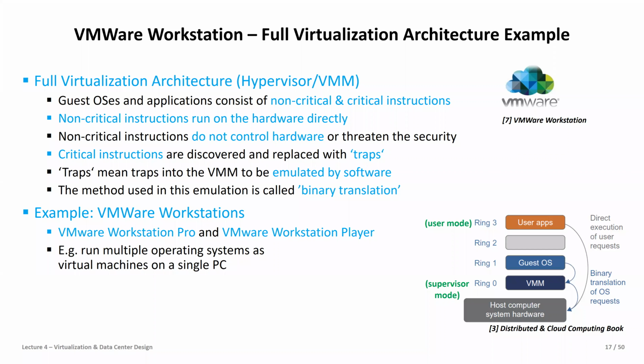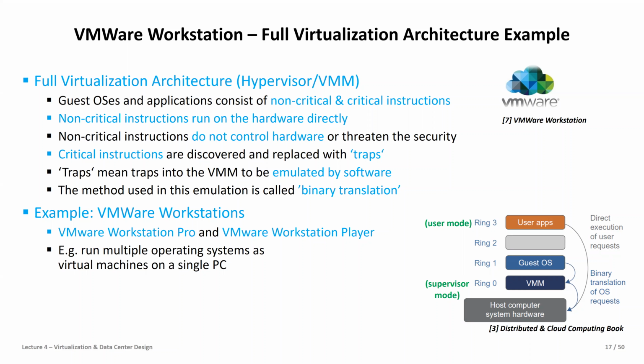Every time the guest operating system really wants to access the hardware, so-called traps are activated, which are critical instructions where the VMM has to emulate something from the hardware, to also guarantee that other users do not access the hardware at the same time. They have to have mechanisms for locking and so forth. This whole emulation process is a form of binary translation, but that's really as far as you need to know.